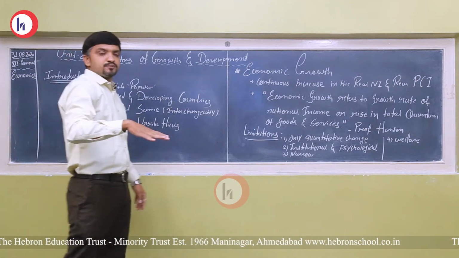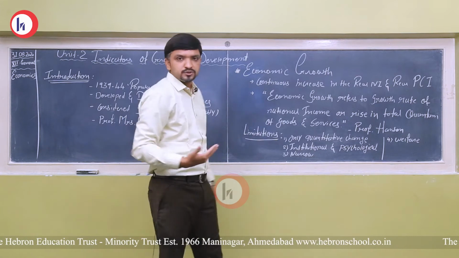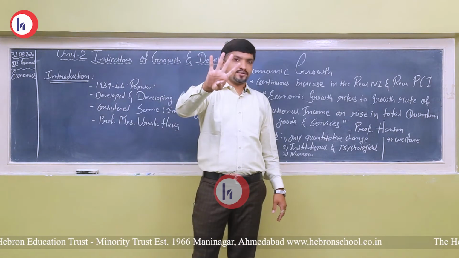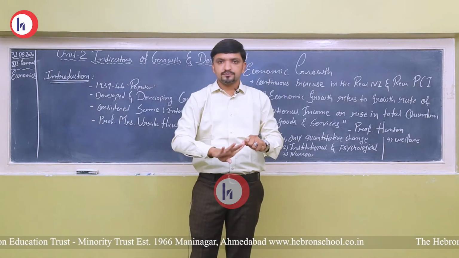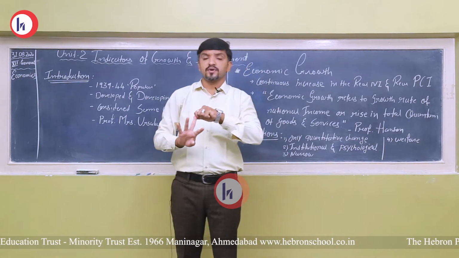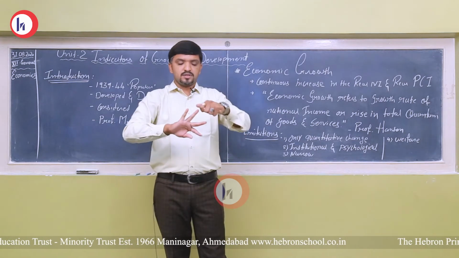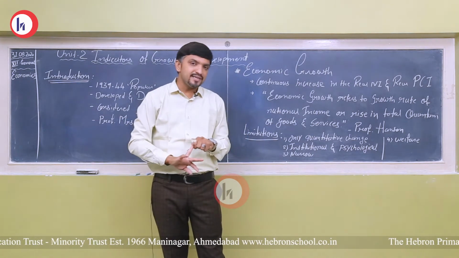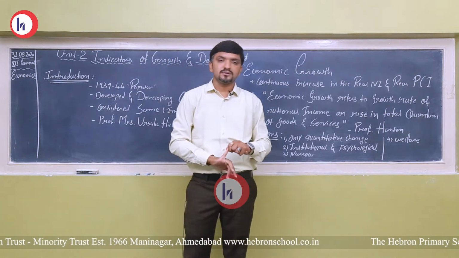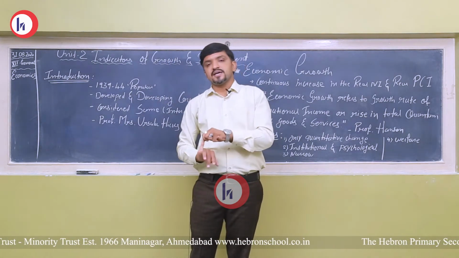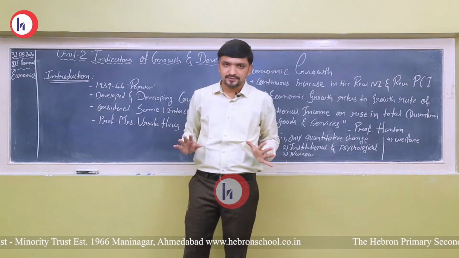And in this chapter, we are going to study 4 main indicators. Number 1, national income. Number 2, per capita income. Number 3, PQLI, physical quality of life index. And number 4, HDI, human development index.